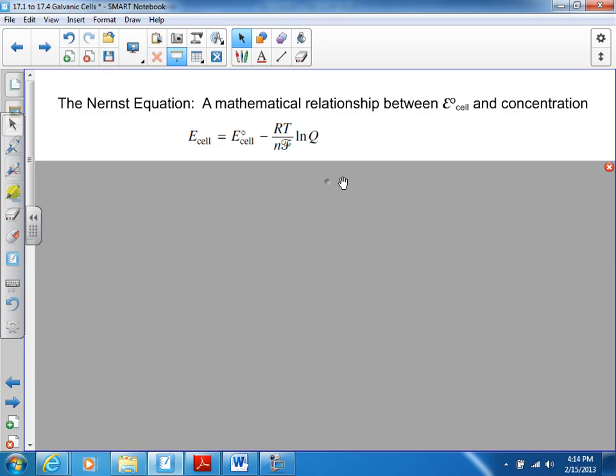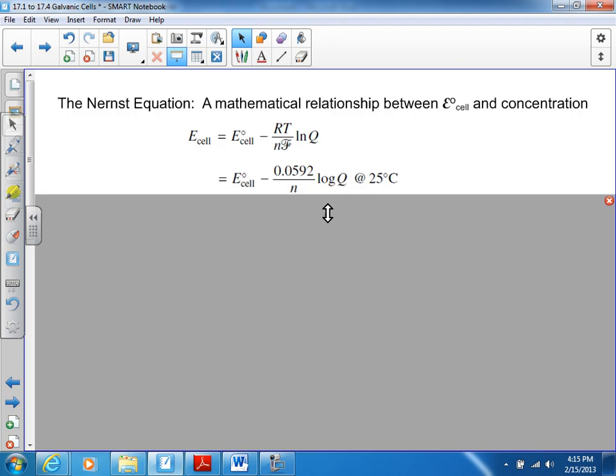It's the reaction quotient, which your initial conditions are. And that is equal to this at 25 degrees Celsius. Under standard temperature, we just plugged in temperature and R, and Faraday's constant, that 96,500 coulombs per mole electrons, and this is what we get out of that.